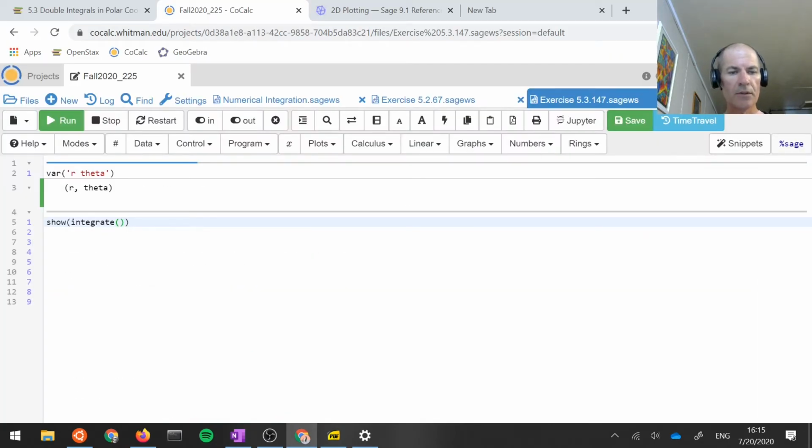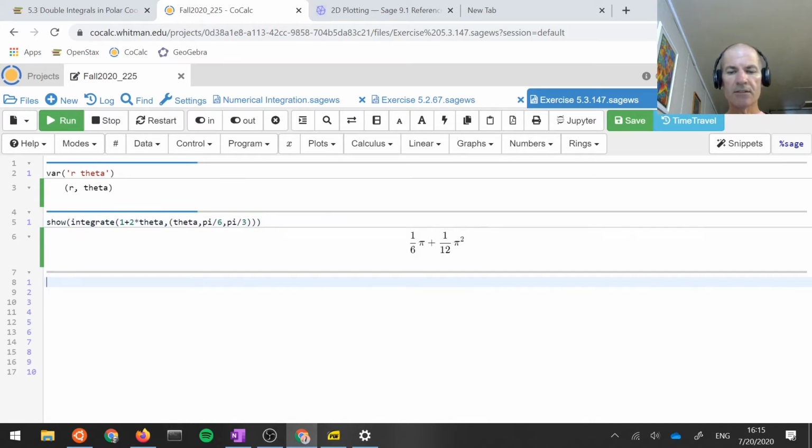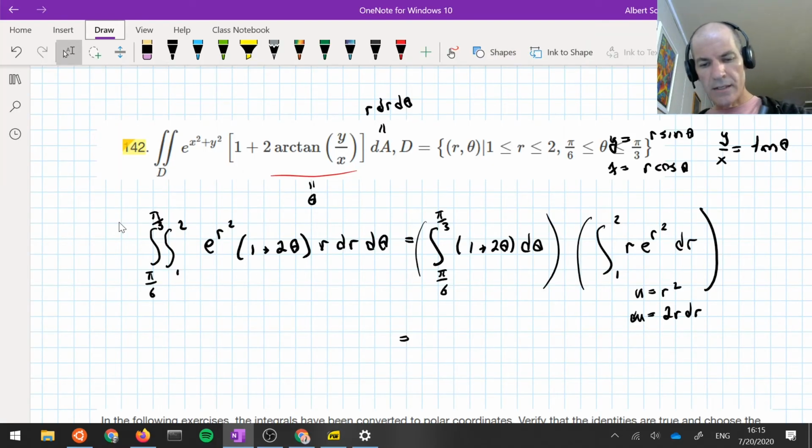We'll show the integral of 1 plus 2 theta as we integrate from theta equals pi over 6 out to pi over 3. Let's see what that gets us. So that gives us 1/6 pi plus 1/12 pi squared.